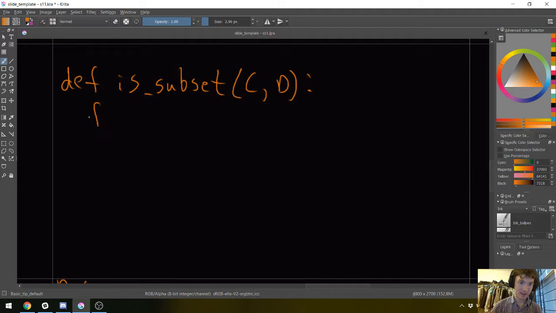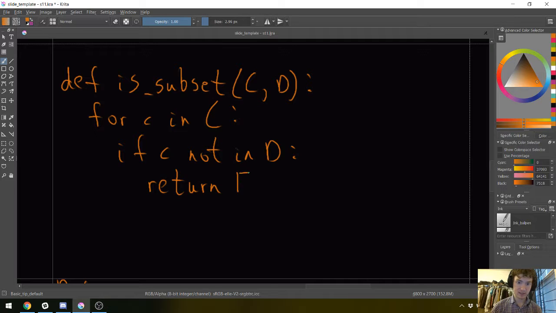Well, for c in C, if c is not in D, so I found an element in C which is not in D, if that's the case, return false. It's not a subset. If I get to the end and everything was fine, then I return true.